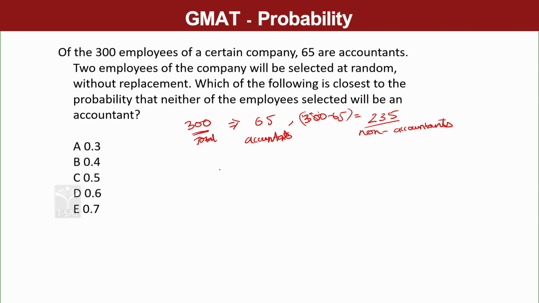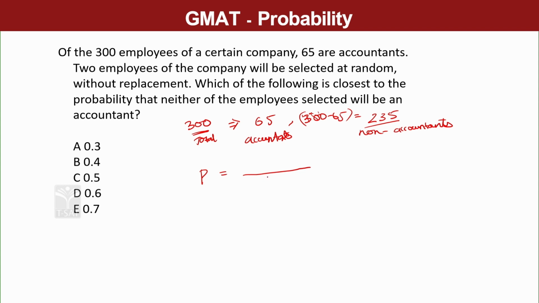So, they are asking us that neither of the employees should be an accountant. 2 employees will be selected at random without replacement. So, how can you do that? The probability is favorable divided by total number of outcomes.